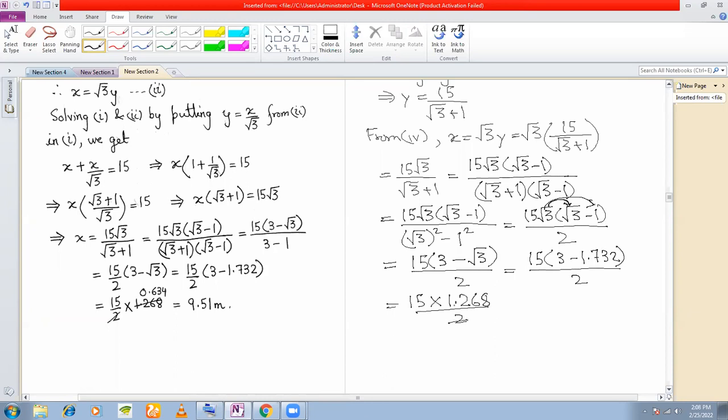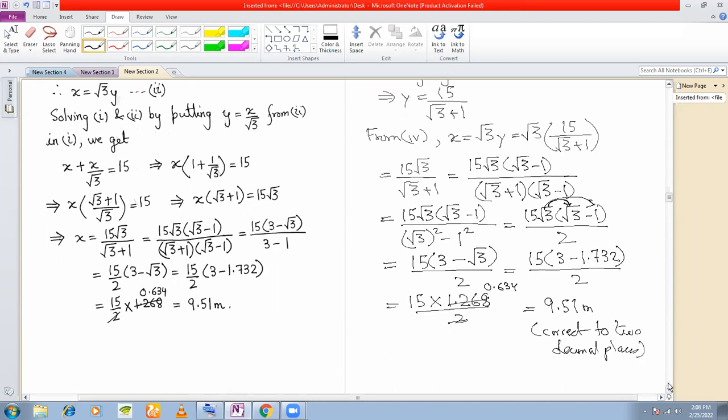Now you can cancel this here by 0.634. So you get here 9.51 meters. This is correct to 2 decimal places. Although in the question they have not asked you, I'm just showing you that if they ask you correct to 2 decimal places, this is how you are going to do it.